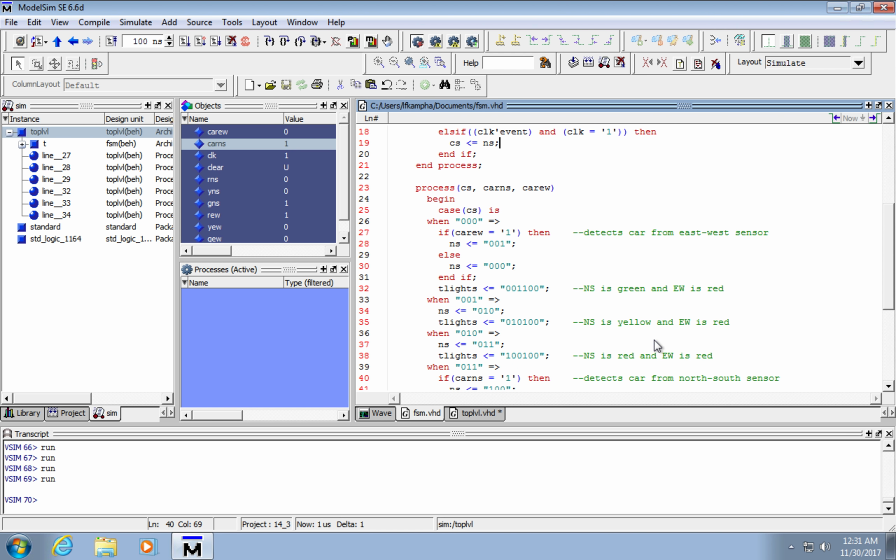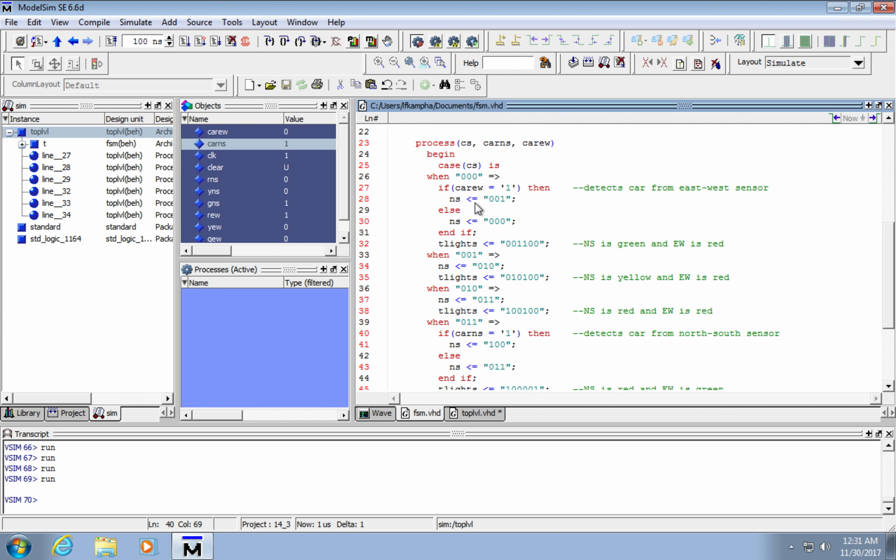So this process block is detecting my current state, my car north-south, and my car east-west. I created a case statement for the current states to make it easier to navigate.